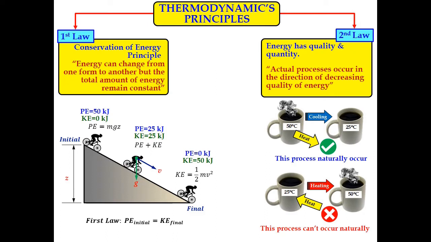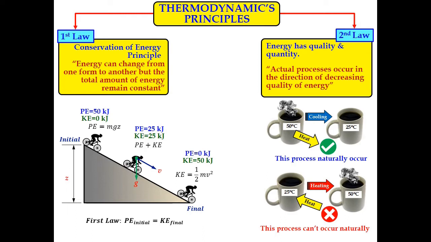So the second case cannot happen in nature. This is considered an example of the second law of thermodynamics, because the actual process occurs in the direction of decreasing quality of energy, not increasing quality of energy.